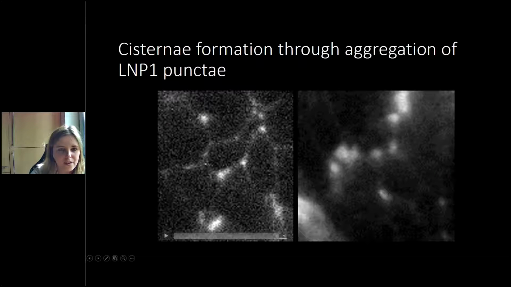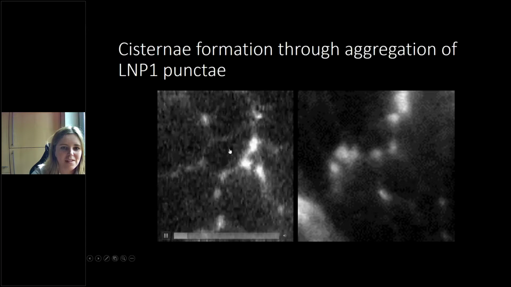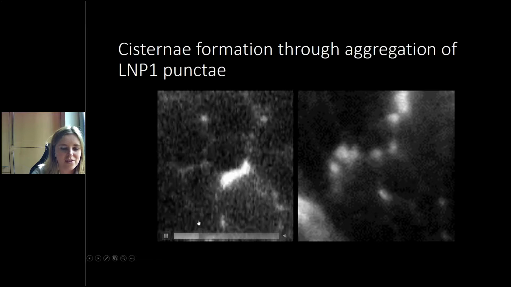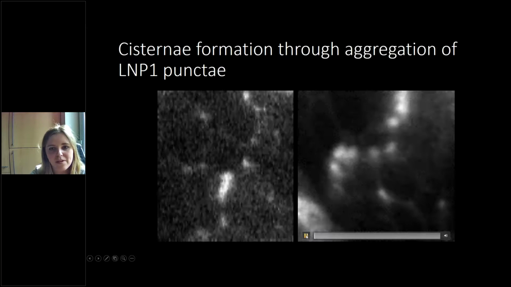And so we found a few instances of Lunapark 1 forming cisternae through aggregation. If we look here, you can see all these little puncta coming together to form one larger cisterna, and then it remains consistent for an extended period of time.